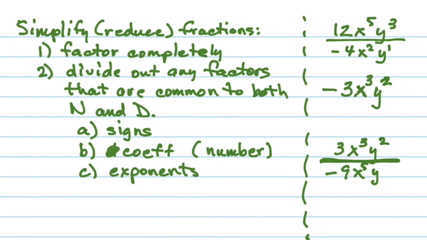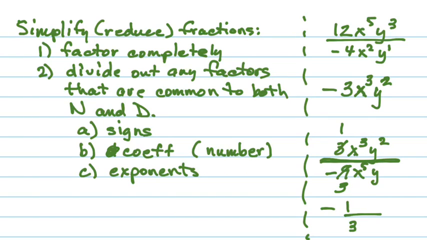But we can't factor this, and it's not multiplication or addition, so we're just going to divide. Positive divided by negative is negative. 3 won't divide evenly by 9, but they'll both divide by 3. 3 divided by itself leaves a 1. 9 divided by 3 leaves a 3. So that's going to leave a 1 in the top, a 3 in the bottom.